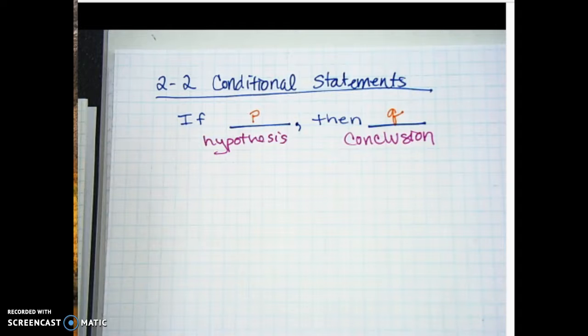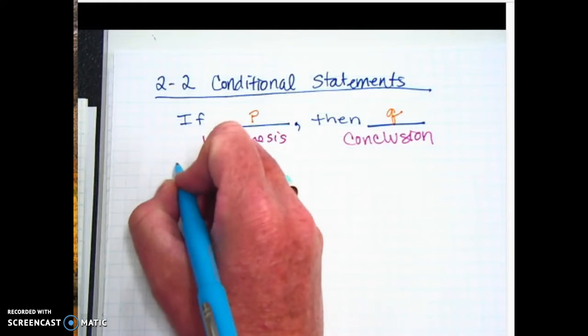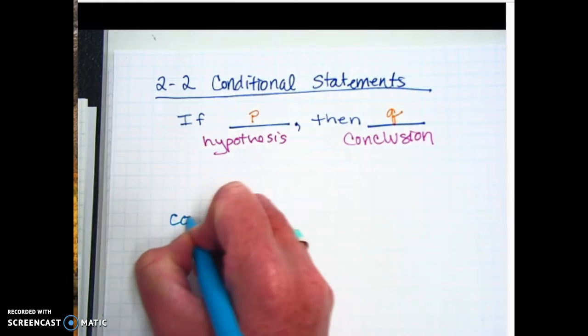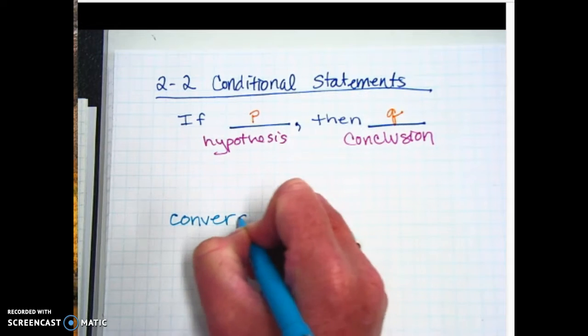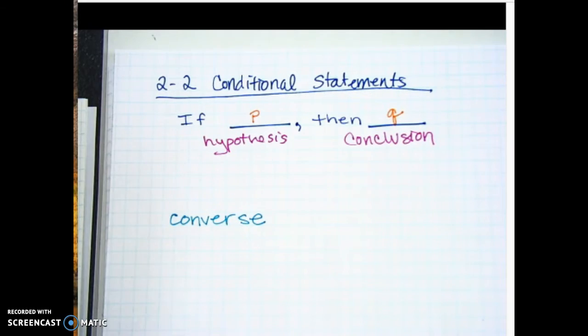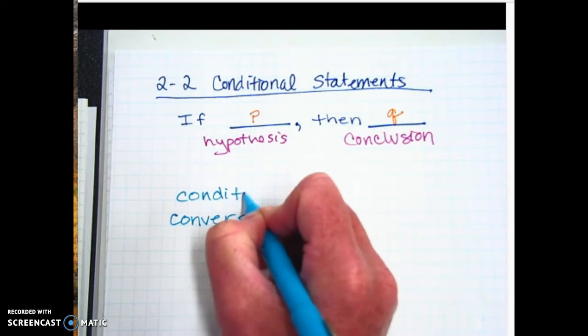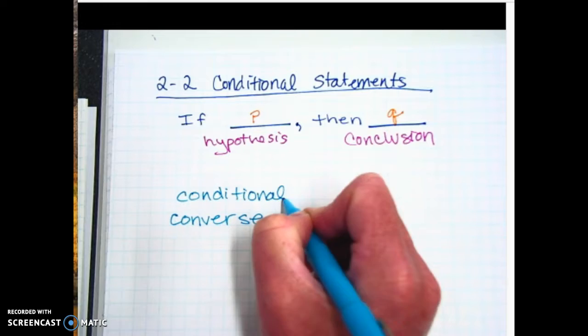Okay? Once you have a conditional statement, you can do a couple things with it. You can rewrite it in what's called the converse. For the converse, you take the conditional statement and you basically just switch the order.